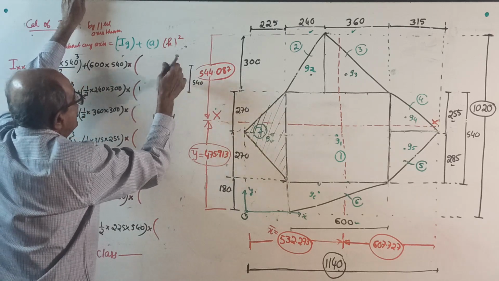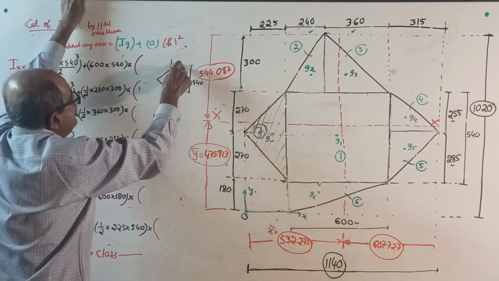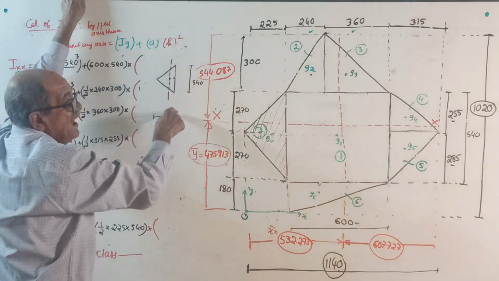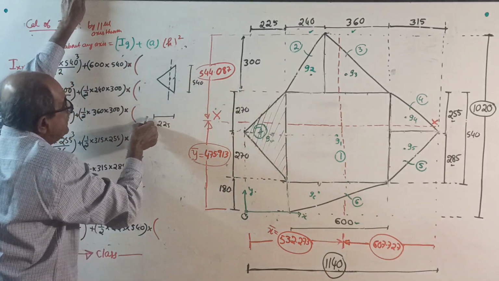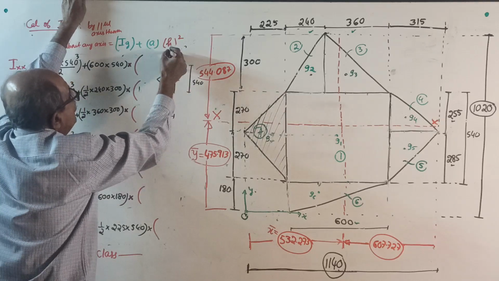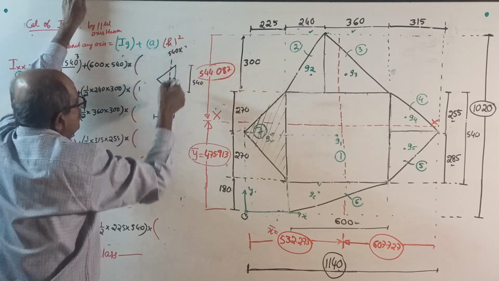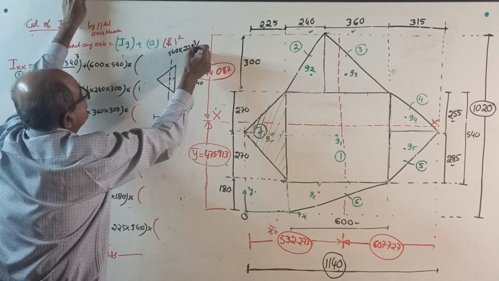The centroid is here. About this axis, this is the base. Yes, the base is at the edge. Therefore, from the base, this is the height. The parallel side is 540 into 225 cube by 36 only.